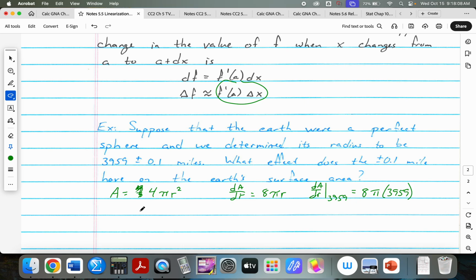So the change in surface area is approximately equal to 8 pi times 3959 times 0.1.